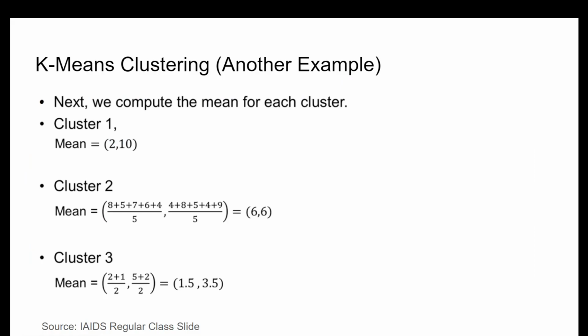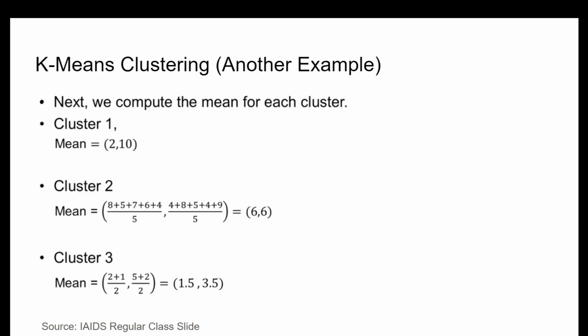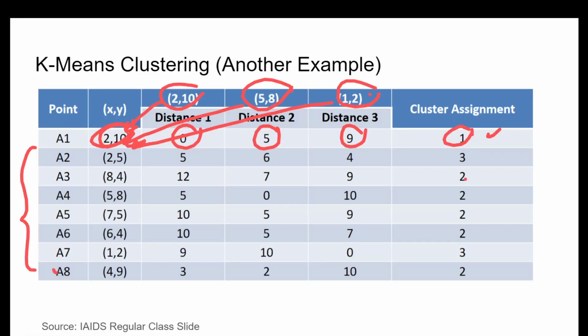Then we have to recompute the mean again. For cluster 1, since it consists of only one data point over here, we can just take this one, 2 comma 10. And for cluster 2, because there are five points clustered into the second one, we have to take the mean of these 5 points.